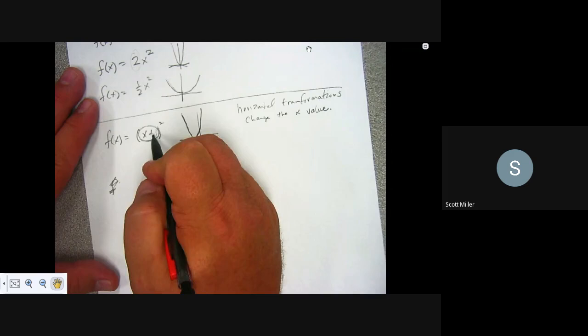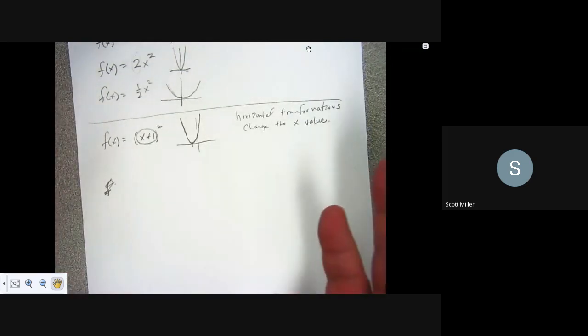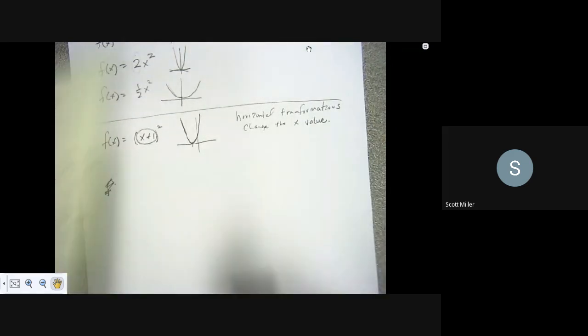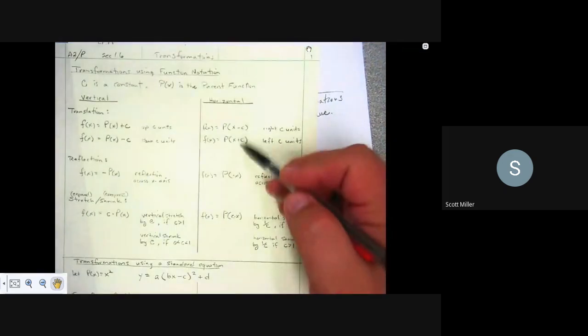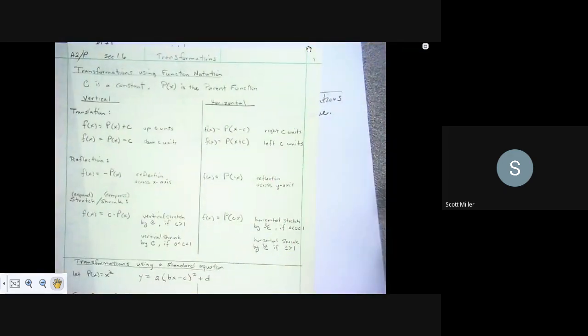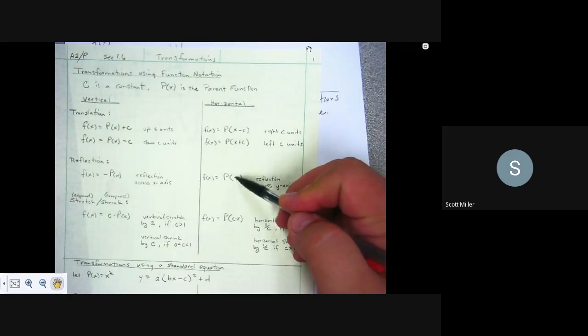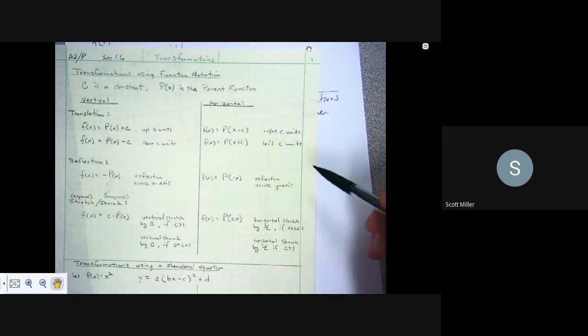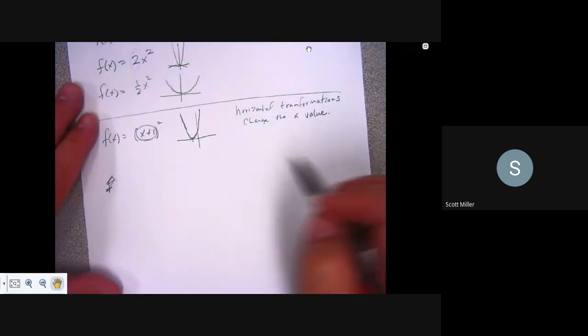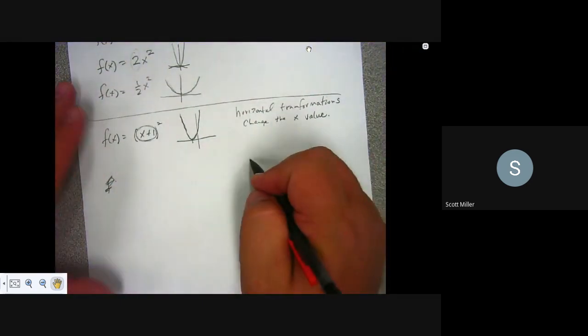So anytime you see this in the parentheses stuff, there's 2 things that can come in here. We got to have a horizontal stretch or shrink, or we're going to have a right or left, or both, or even a negative. Okay? If you see the negative in front of the x, then you already know that you have a reflection across the y-axis.